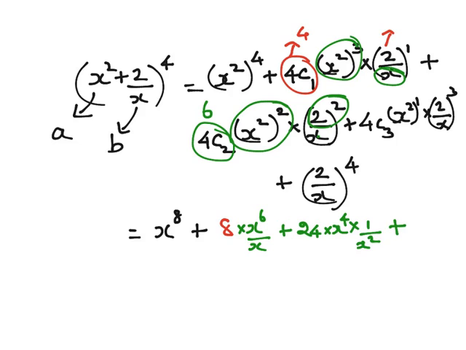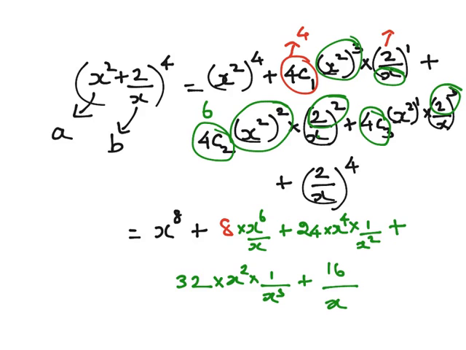plus, now the fourth term 4c3 is 4, and this 2 cube is 8, so 4 into 8 is 32 times x² into 1/x³, plus 16/x⁴.